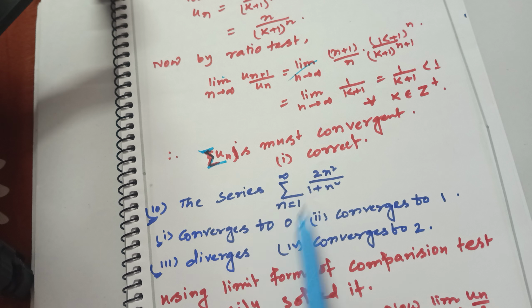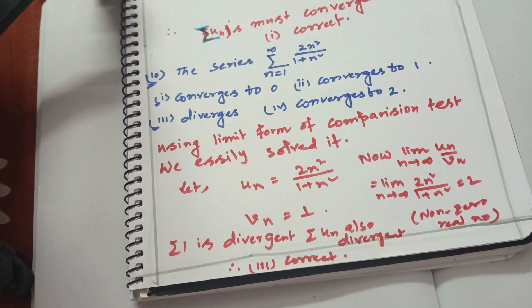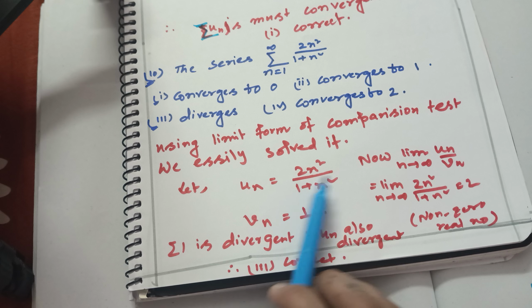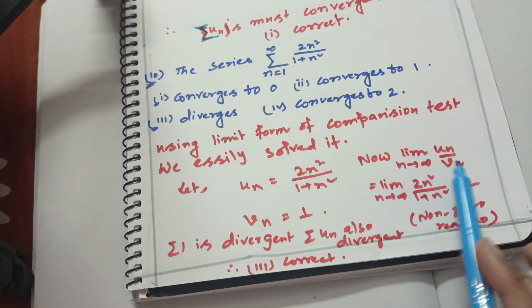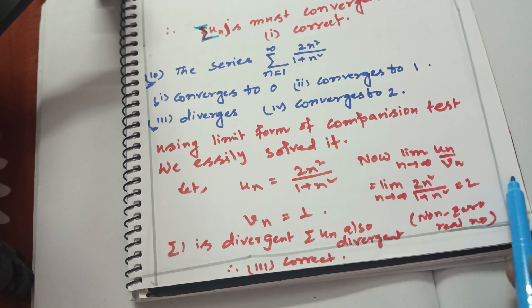Next question: the series summation of n equals 1 to infinity of 2n^2/(1+n^2) is: convergent, converges to 0, converges to 1, divergent, or converges to 2. We solve this problem using the limit form of comparison test. Let u_n equal 2n^2/(1+n^2) and v_n equal 1. Now the limit as n tends to infinity of u_n/v_n gives 2.